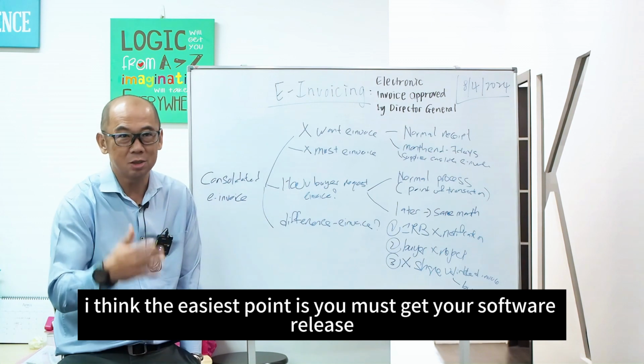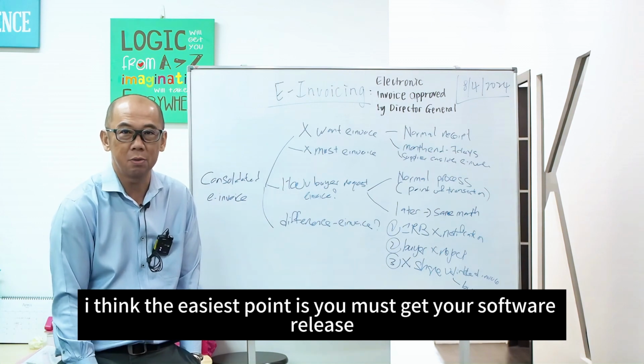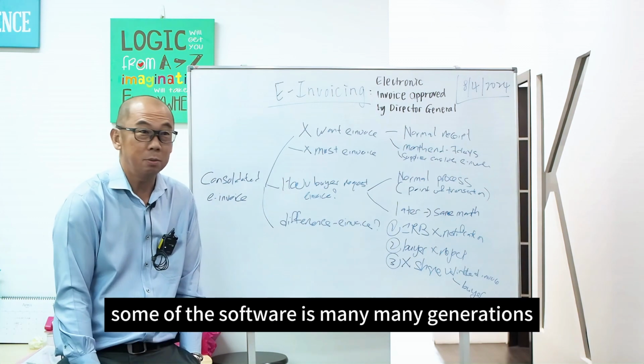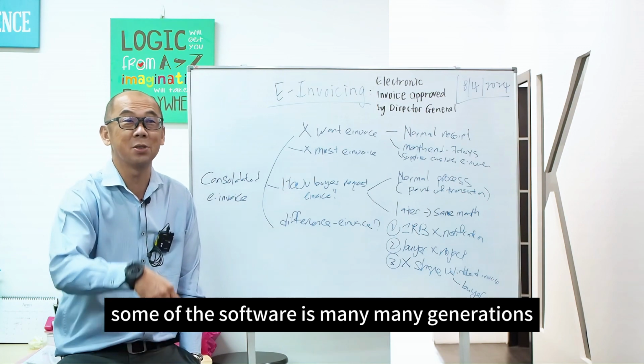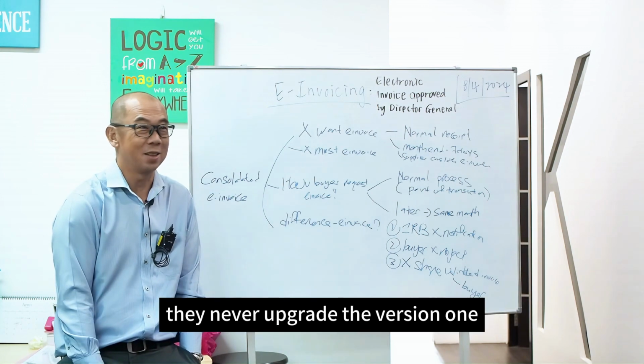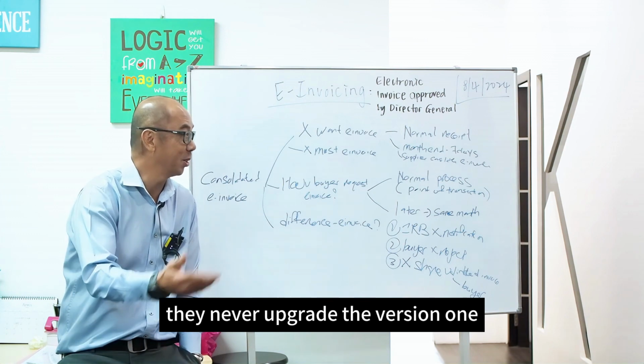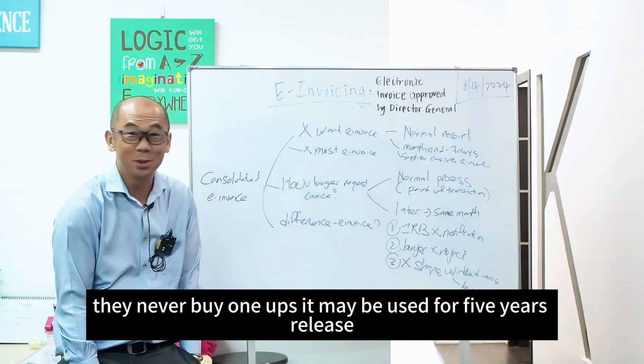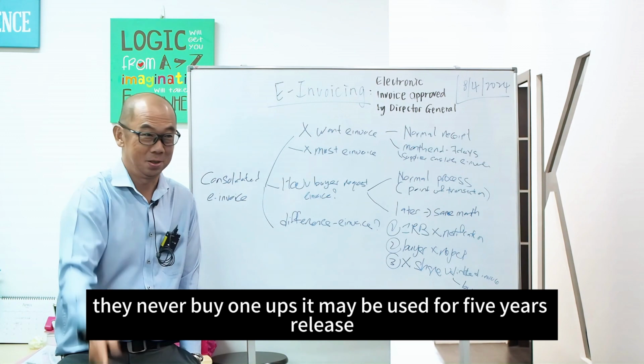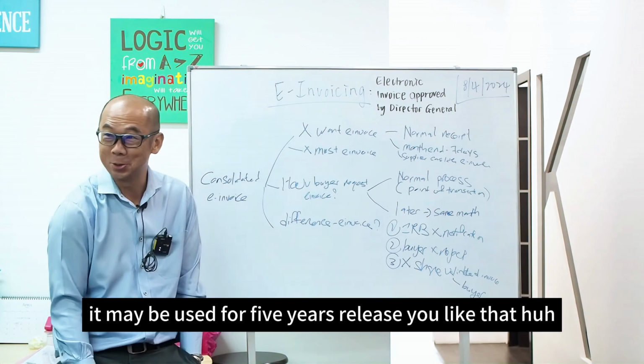I think the easiest point is you must get your software ready. You'll be surprised, some of their software is many generations old. They never upgrade from version 1. They buy one UBS and it may be used for 5 years already.